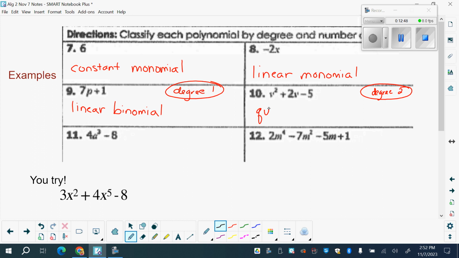Questions on that? Easy to get number of terms and degree mixed up. So it's a quadratic according to its degree. 3 terms, so it is a quadratic trinomial. Okay, what about 11? Cubic. Cubic, good. Exponent of 3, degree is 3.